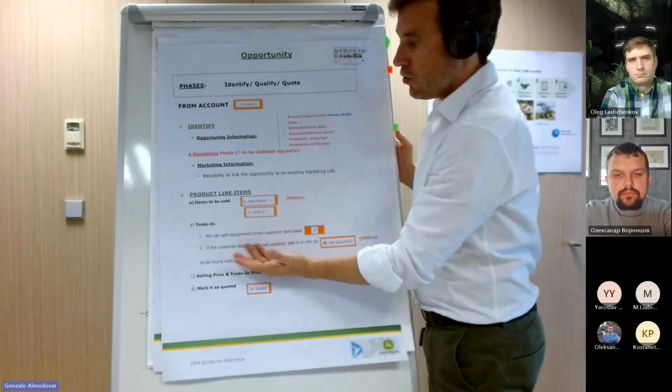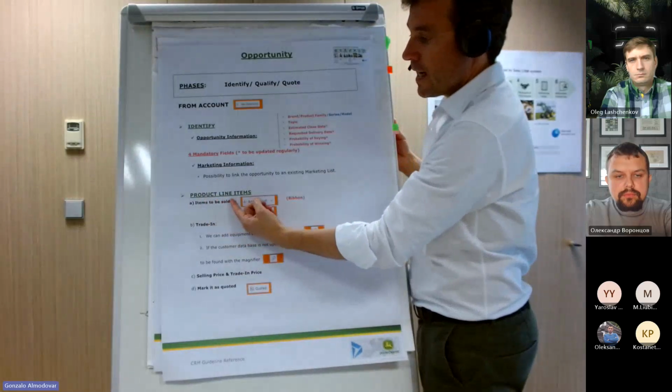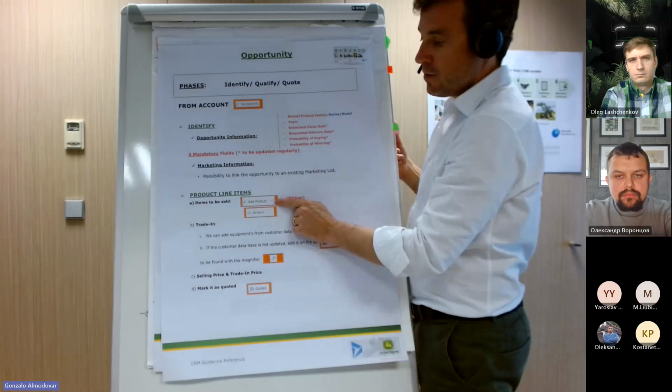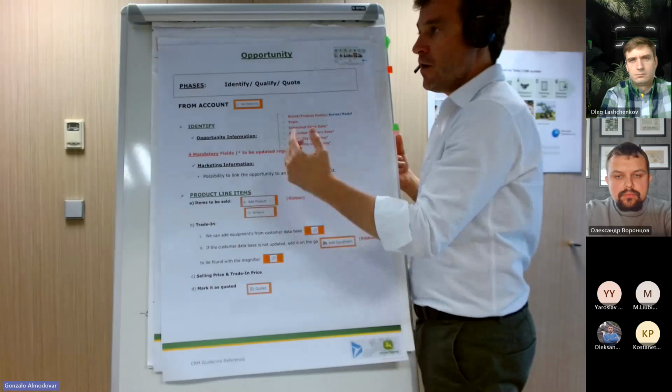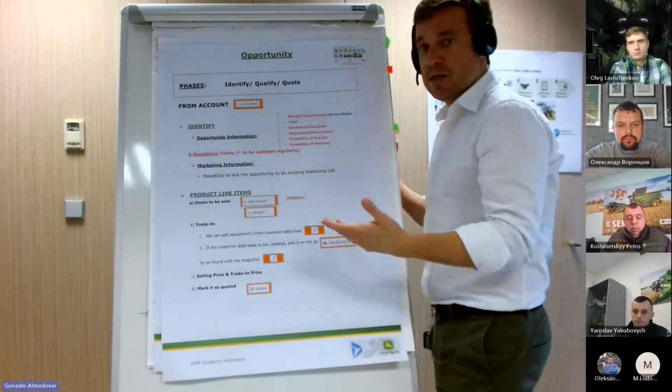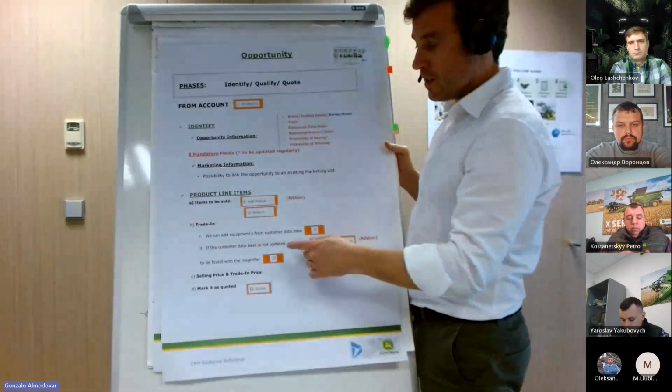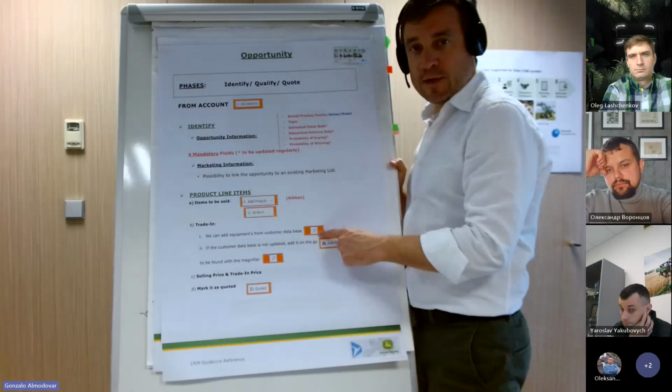Good. How to add equipments using the product line items section. In the top of the ribbon, you will find this button, add products, write in, and there you start adding the machines to the opportunities, right? In those cases where you will have trade-ins, it's as simple as selecting from the magnifier.